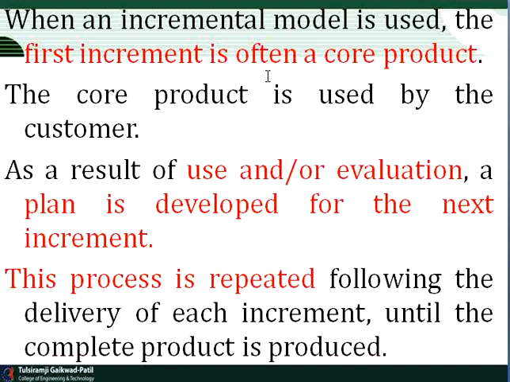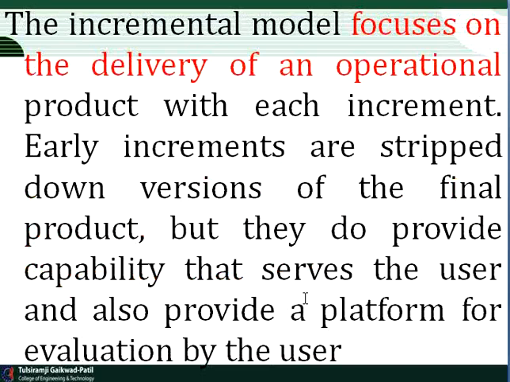This is the first core product. After that, the core product is used by the customer. As the result of use or evaluation, a plan is developed for the next increment. While completing the first requirement, we go to the next requirement, and after the second, the third. This is the incremental model.